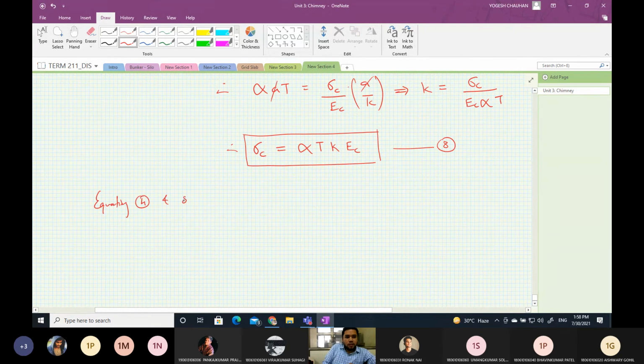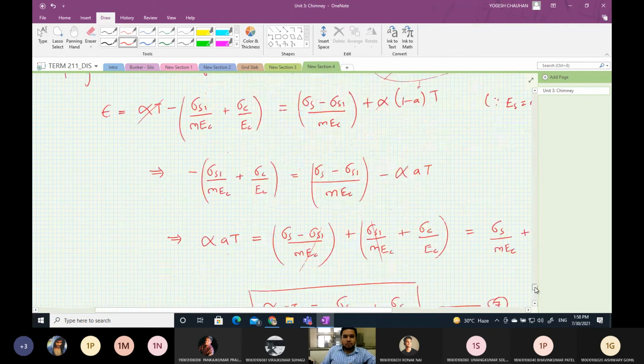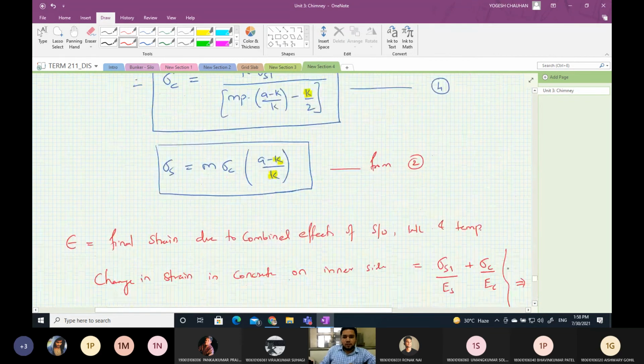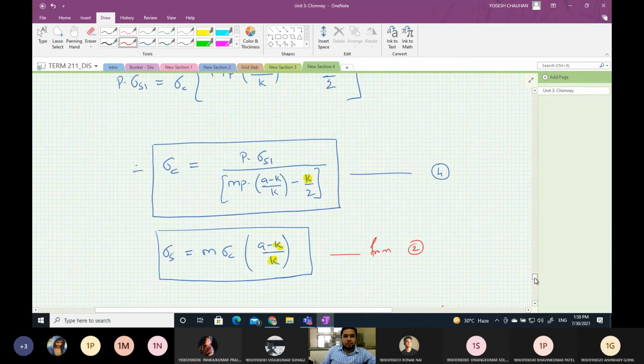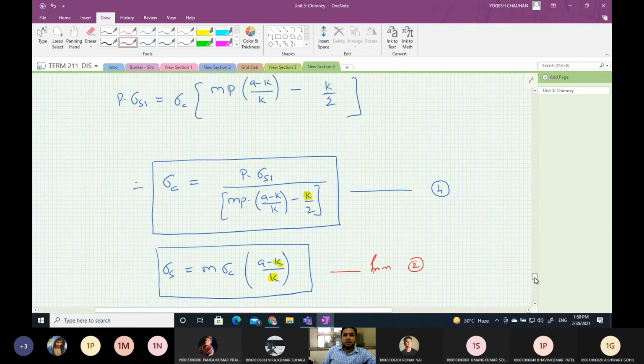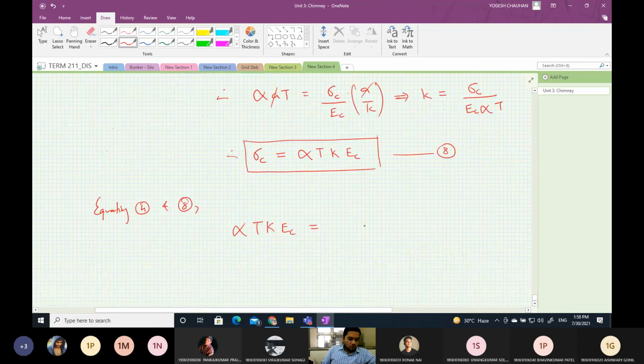Equating 4 and 8, you will get alpha t k Ec equals p times sigma s1 divided by mp, (a minus k) by k minus k by 2. Or simply you can do one thing, you substitute the value of k obtained here in equation number 4, you will get the same quadratic equation.